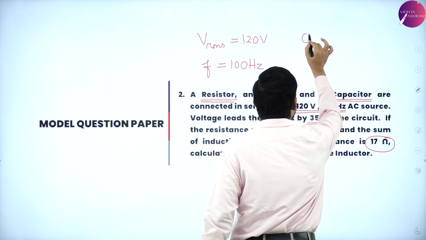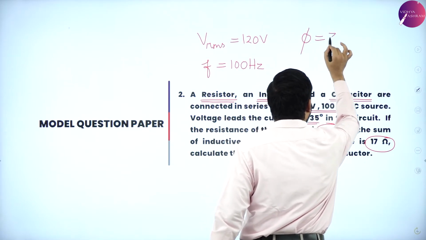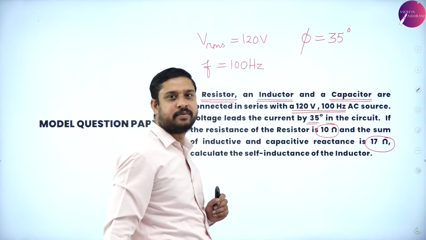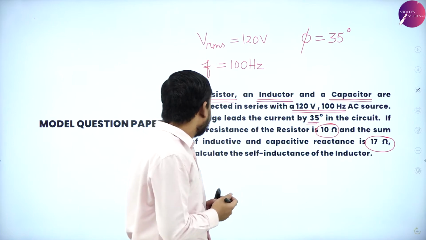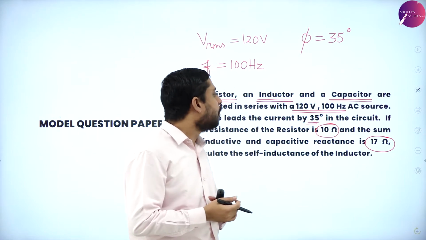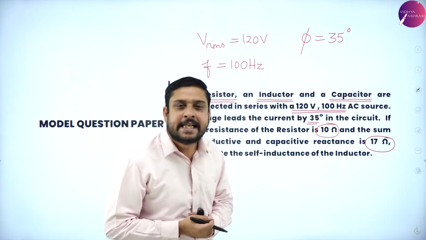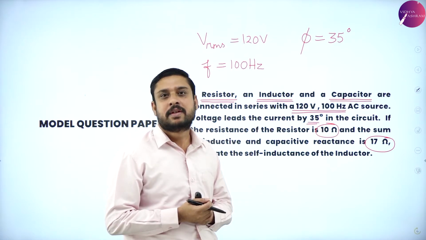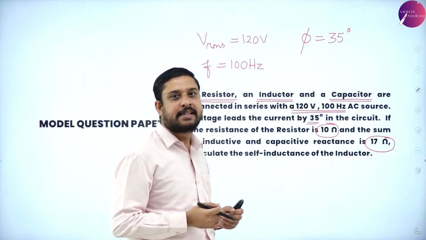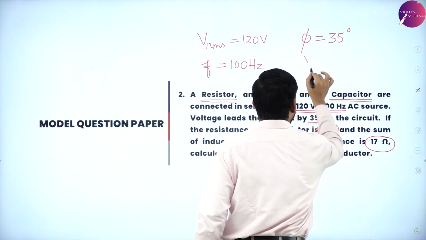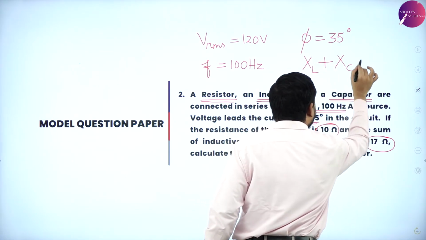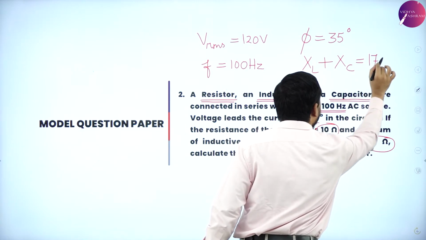So phase difference between current and voltage is 35 degrees. And the sum of inductive and capacitive reactance is 17 ohms. Sum of inductive and capacitive reactance, XL plus XC is 17.